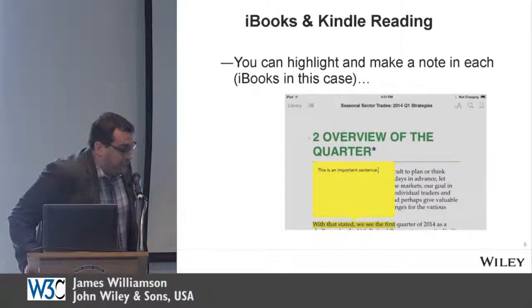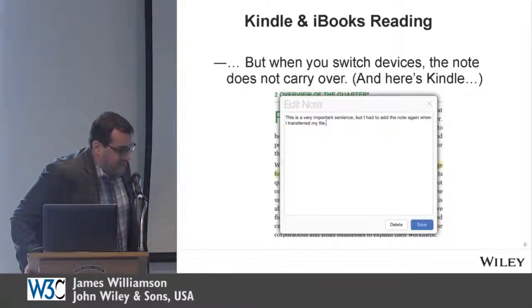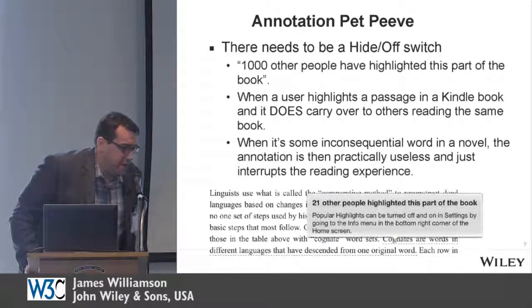The first example here is a version of iBooks. You take a highlight, you make a note, you then get a Kindle and switch over. Your note is no longer available, so you have to find the text you were talking about before, highlight it again, and make the same note. A little pet peeve that we get through our contact button all the time from readers is, I'm reading a fiction book and it says 1,000 people commented on this word, which doesn't really matter to me.